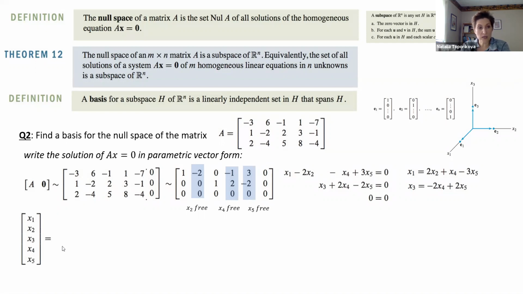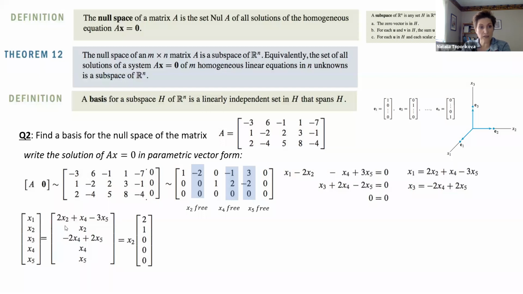Let's express our vector in terms of our free variables, x2, x4, and x5. It looks rather long, but maybe we can write it down as a separate vector for each free variable. For example, we'll factor out x2, and x2 is multiplied by 2 in the first row, so we write the parameter 2. x2 has a factor 1 in the second row, so we write 1. And the other 3 rows do not have x2 at all, so we have zeros.